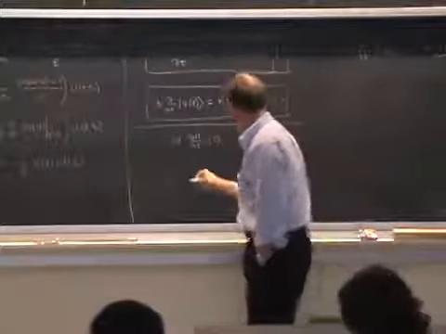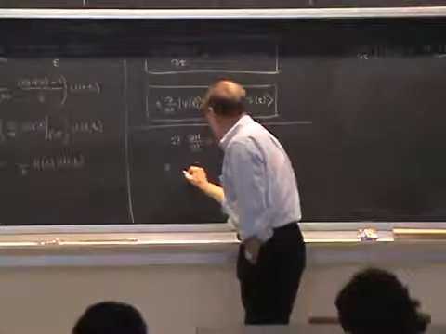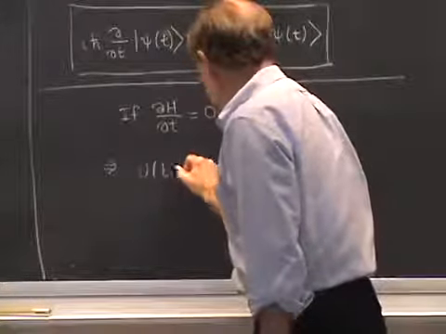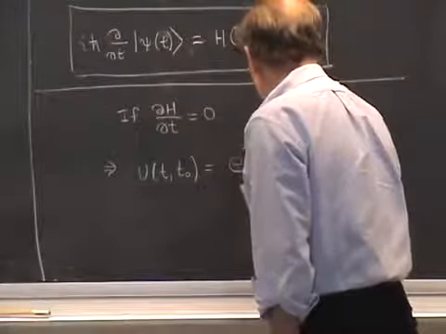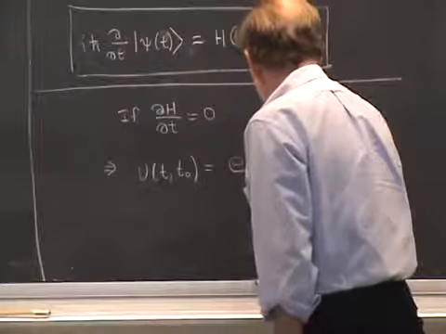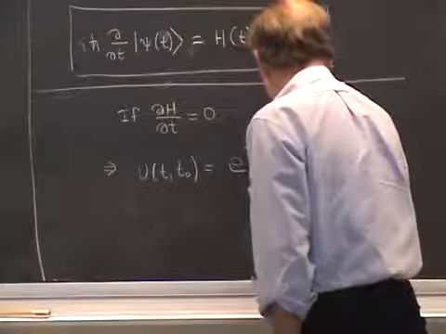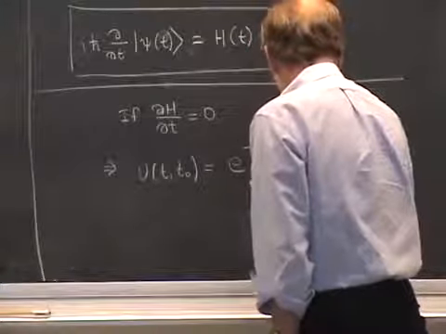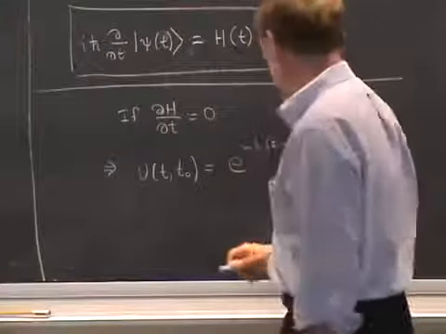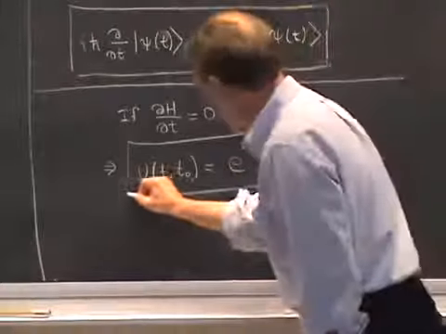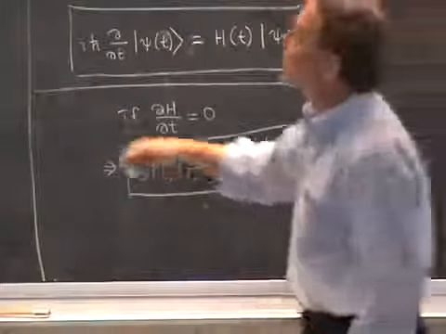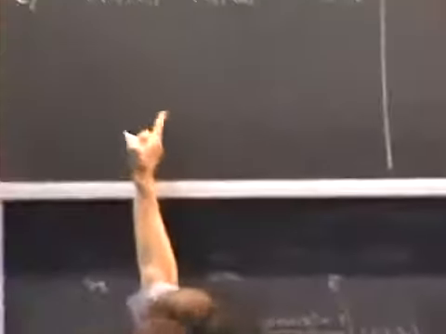We're trying to get the answer in terms of an exponential. It implies that U of t comma t0 is equal to e to the minus i times (t minus t0) times the Hamiltonian divided by h bar. This becomes the unique solution for the unitary time evolution operator, subject to the initial condition, which is part A up there.